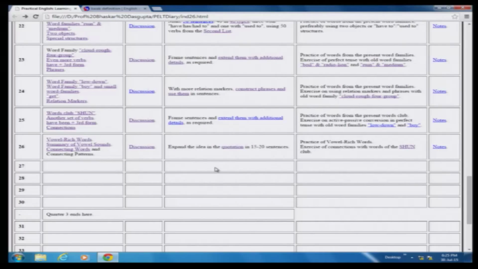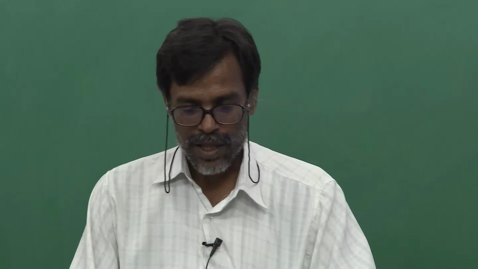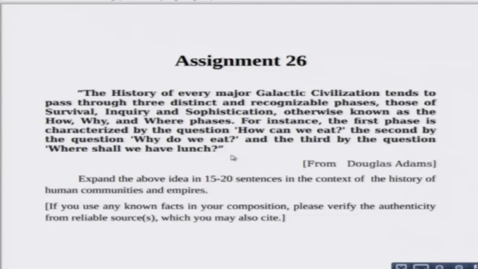Today's assignment is something which I hope you will like. There is a quotation, actually a famous quotation. The history of every major galactic civilization tends to pass through three distinct and recognizable phases, those of survival, inquiry and sophistication, otherwise known as the how, why and where phases.